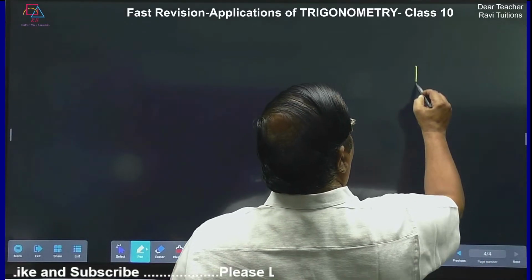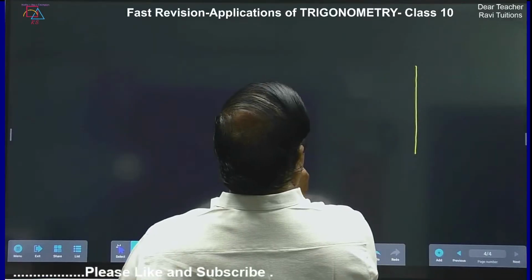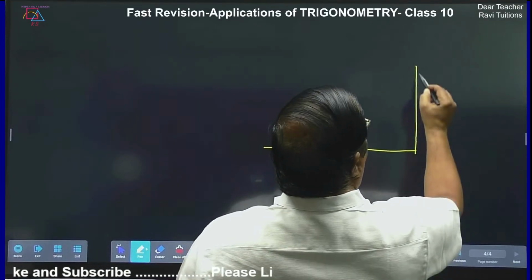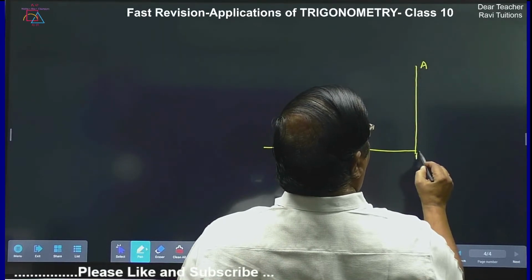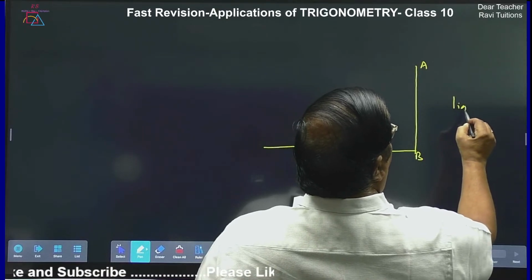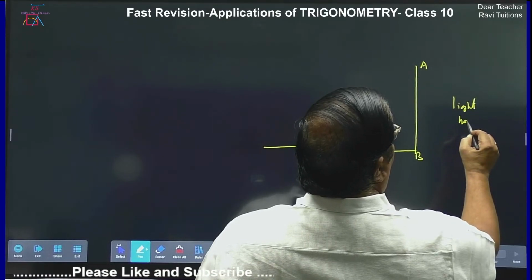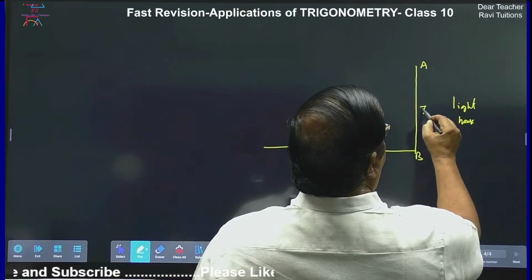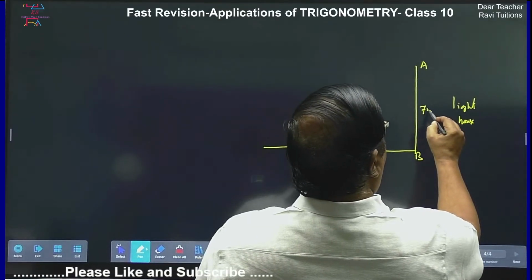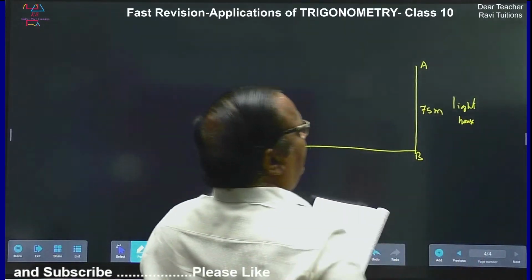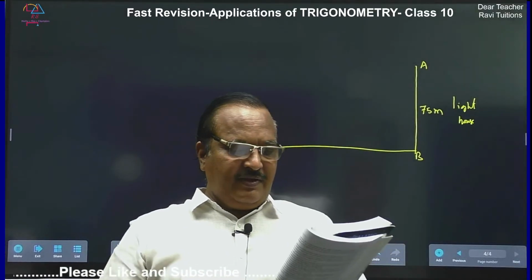So, this is the lighthouse, and this is the ground. AB is the lighthouse, and this height is 75 meters tall. Given. Okay. First part is over.